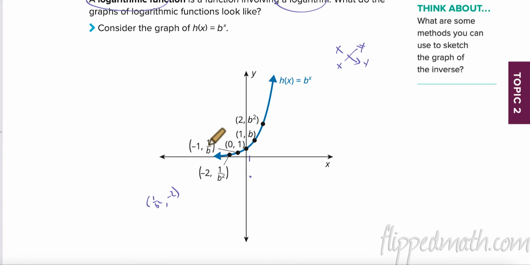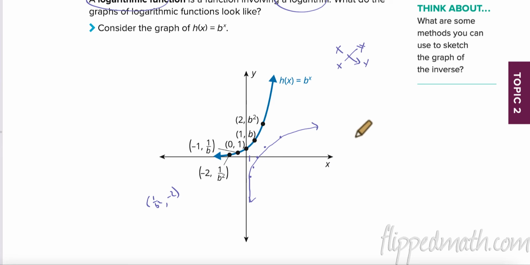Instead of the point -1, 1 over b, I'm going to have 1 over b and -1. Instead of 0, 1, I'm going to have 1, 0. Instead of 1, b, I'm going to have b, 1. Instead of 2, b squared, I'm going to have b squared, 2. Right? So I have a graph that looks a little bit something like this.